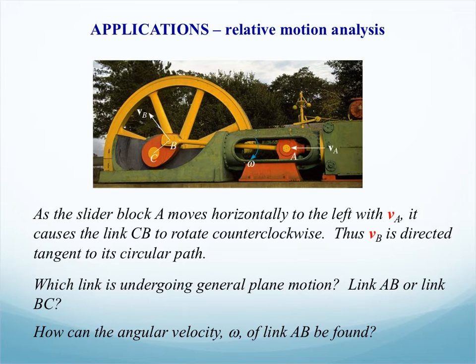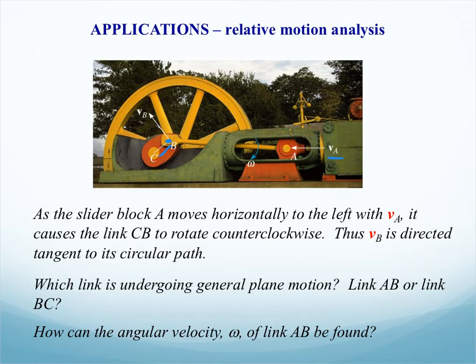So here in this picture we have a slider block A, and it's moving horizontally to the left with this velocity. So right here it is. Now it's going to cause the link CB right here to rotate counterclockwise, and as it does, the velocity of point B is going to be tangent to its path.